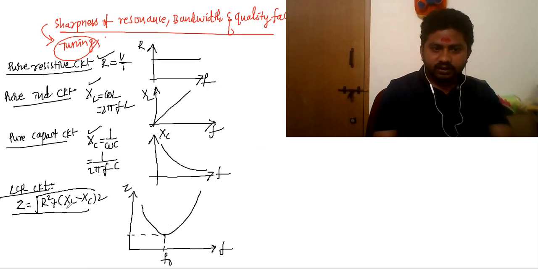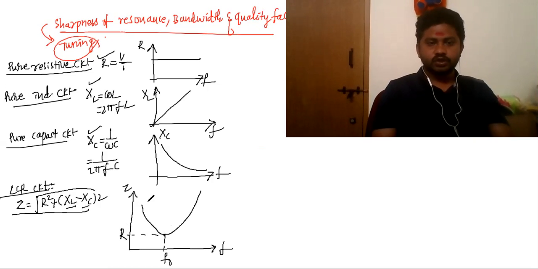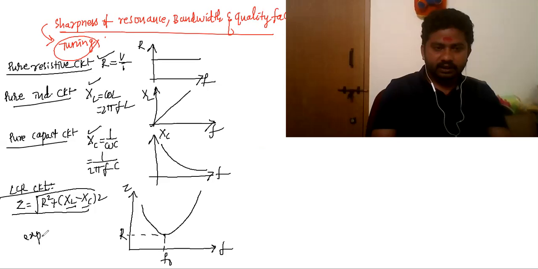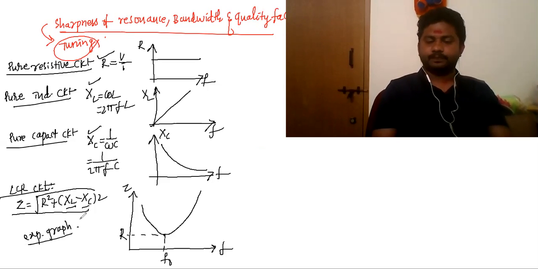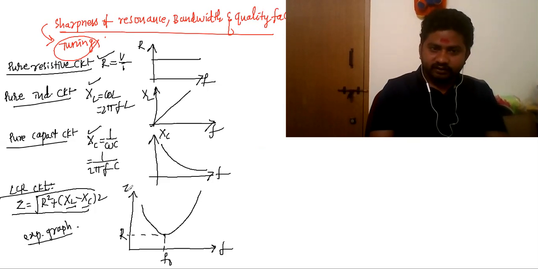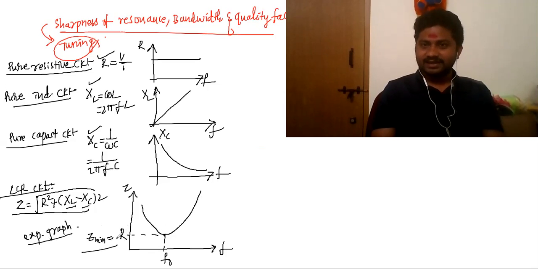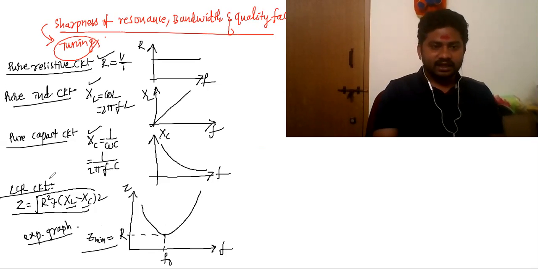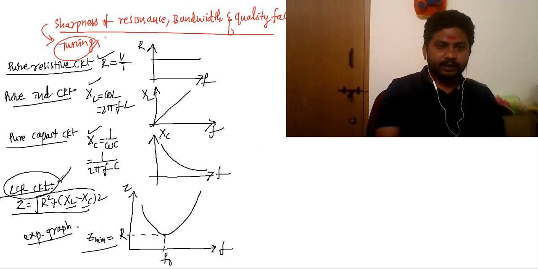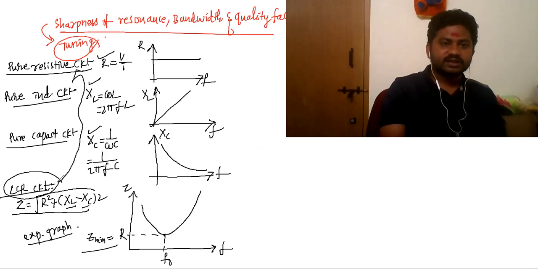At resonance frequency, XL is equal to XC, and you get your Z is equal to R only. So this is the experimental graph. Z value is minimum, that is equal to R. In this case, the LCR circuit is completely behaving as a pure resistive circuit.